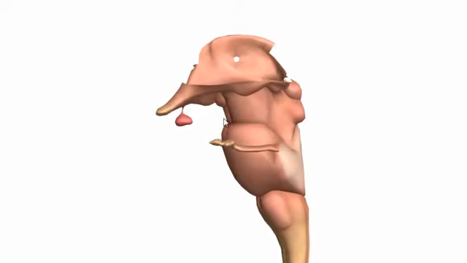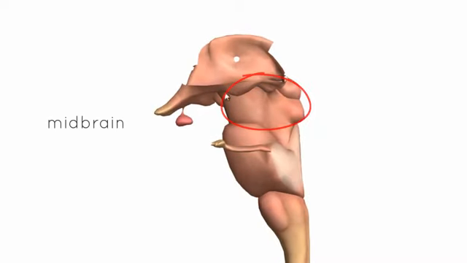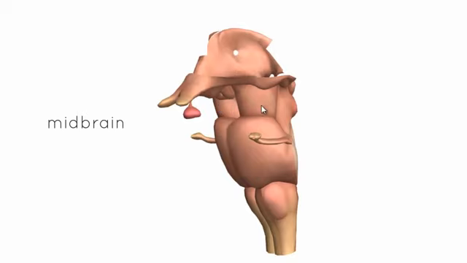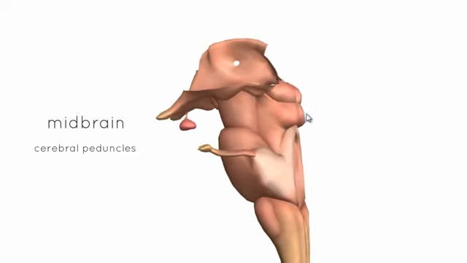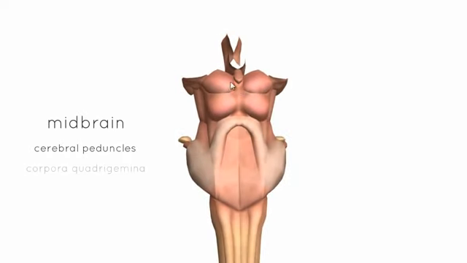The midbrain is this region here, and at the front you've got these bits which are called cerebral peduncles, and at the back you've got these little hills, and these are called the corpora quadrigemina.